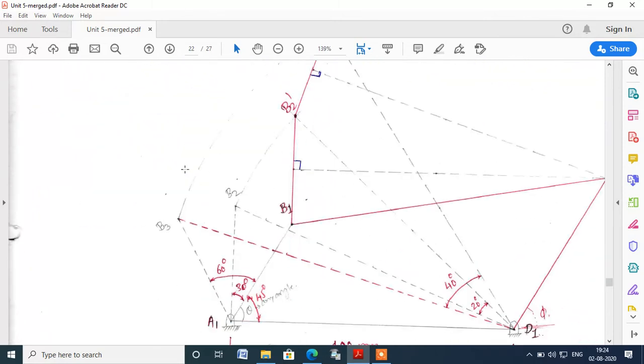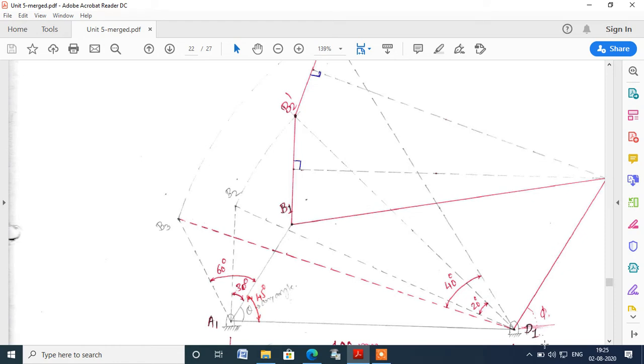Take the distance D1 B2 in the compass and, with D1 as a center, draw an arc. Also take an angle 20 degree from B2 D1 and draw a line. This line and this arc meet at some point, and that point is marked as B2 dash.